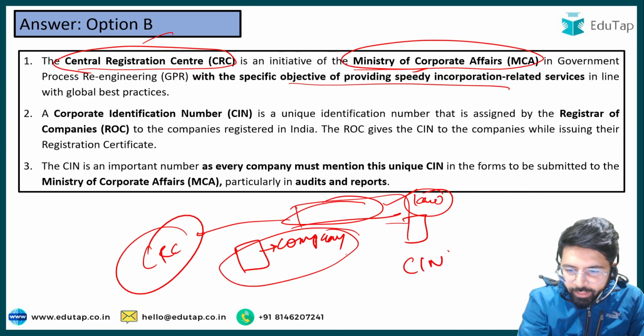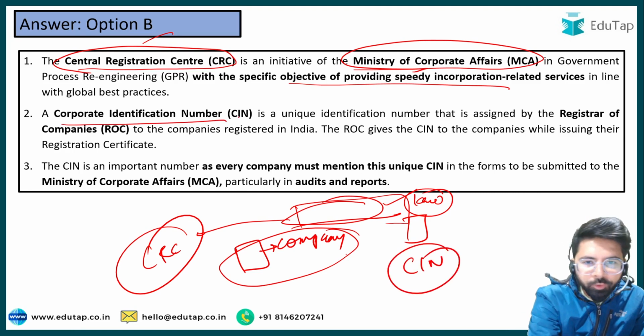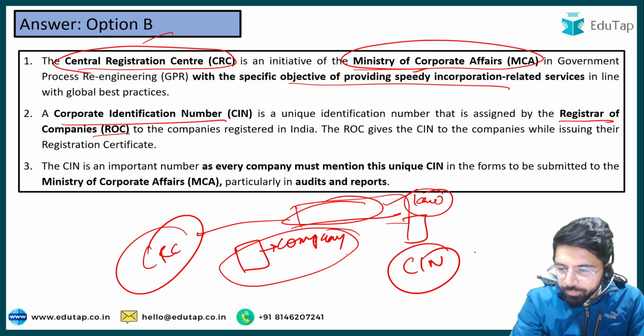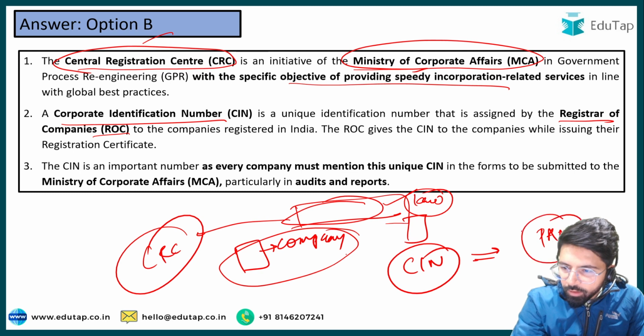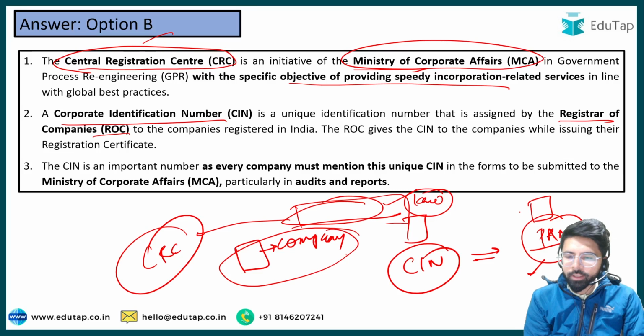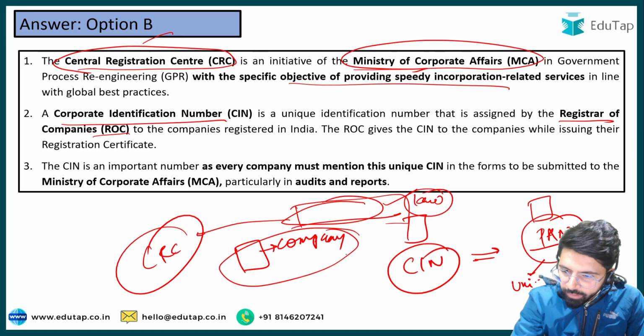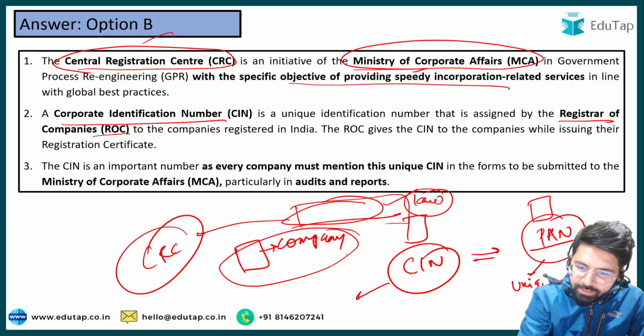The CIN is a number issued by the Registrar of Companies to companies registered in India. Let me give you an analogy. A specific person has a Permanent Account Number, that is PAN, in order to file his tax account and so on. This is unique to an individual. Similarly, for a company, the CIN is unique.